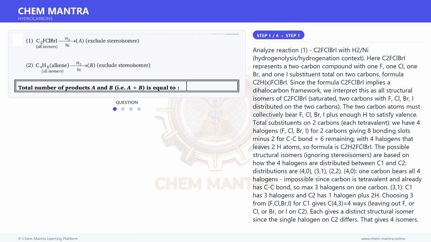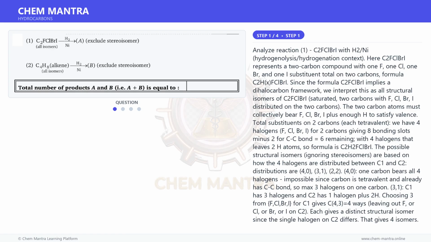Each gives a distinct structural isomer since the single halogen on C2 differs.